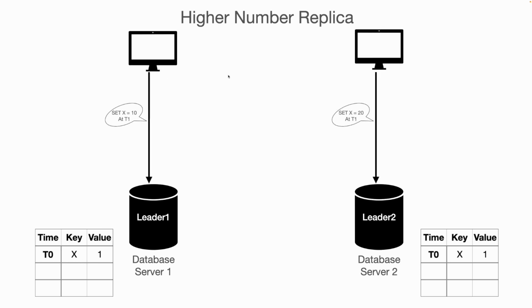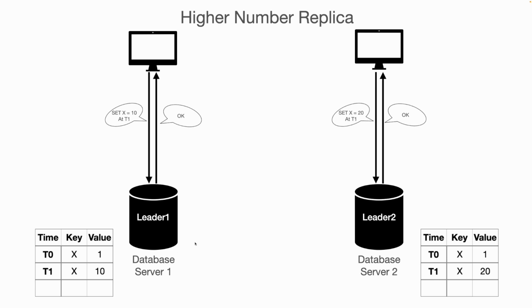Now both clients are making a request to these two leaders for the same key x at the same time t1. Both leaders successfully respond back to the client and store the value in their local storage. Now in the sync part, how will we decide which value is the right one?